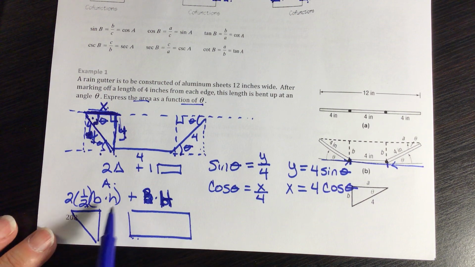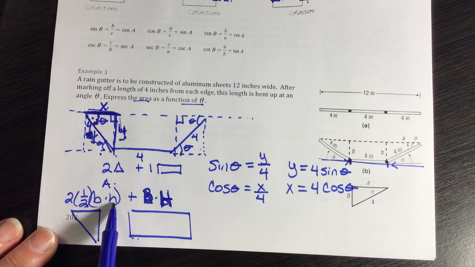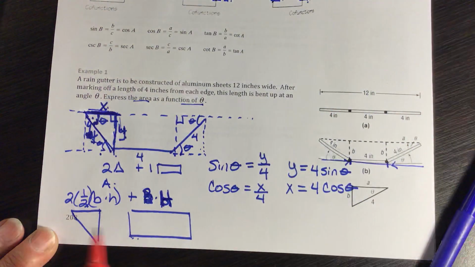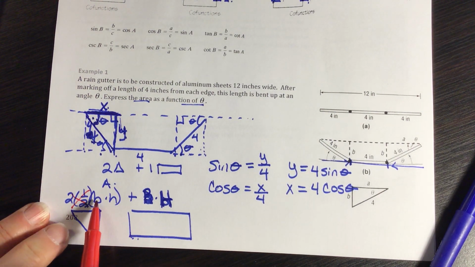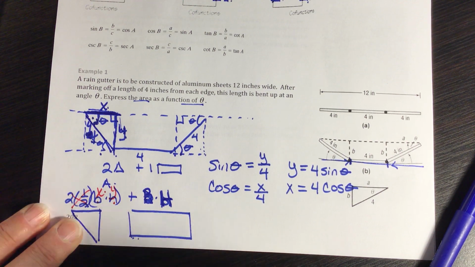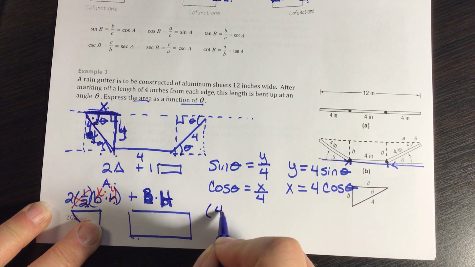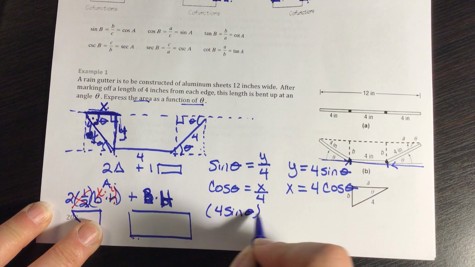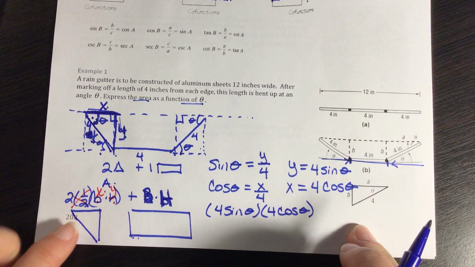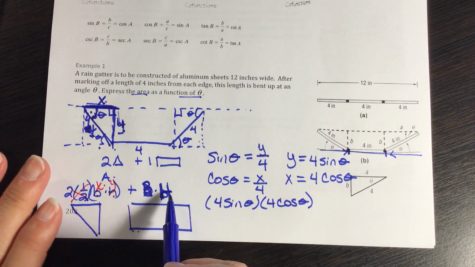All right, so now let's look at this. I have two triangles, base times height divided by 2, but multiplied by 2. So these are really going to cancel here. And my base times my height, this is the same thing as saying x times y. If I multiply x and y together, I'm going to have 4 sine theta times 4 cosine theta. And then I have my base times height.